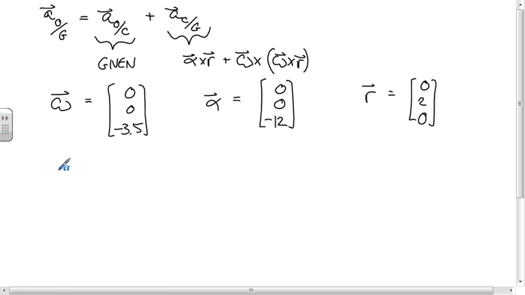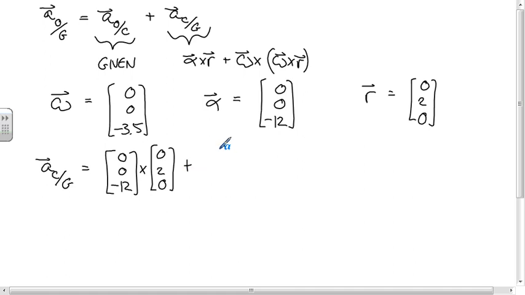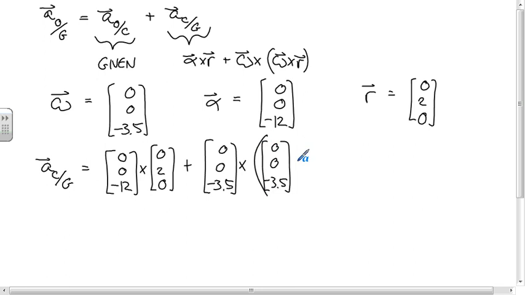And now we can calculate our acceleration of the camera relative to the ground. So we have 0, 0, minus 12 crossed with 0, 2, 0, plus 0, 0, minus 3.5 crossed with the quantity 0, 0, negative 3.5 cross 0, 2, 0.